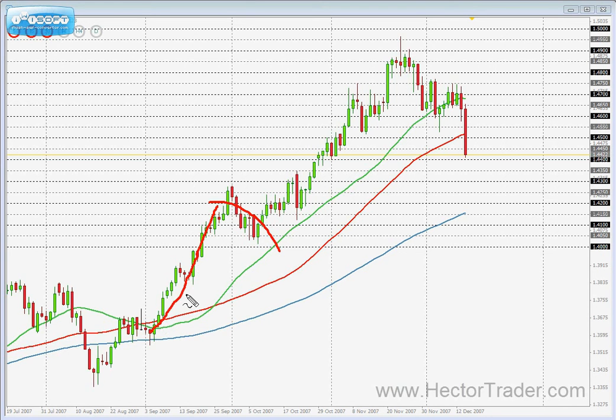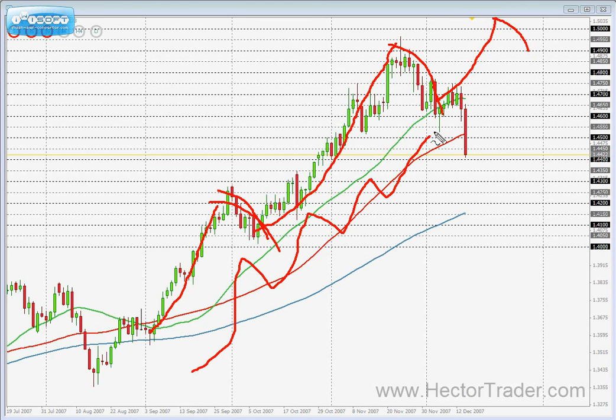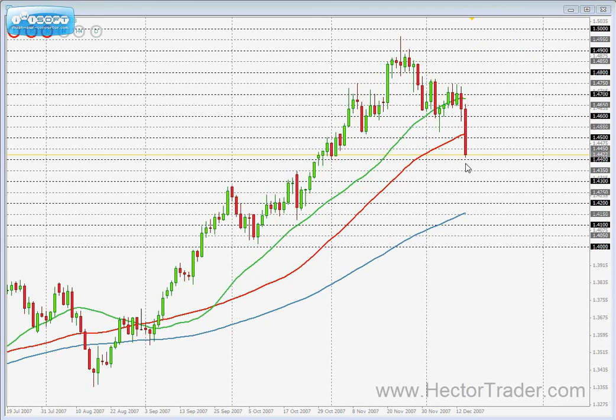One, the impulse wave in the direction of the main trend, and then the retracement, which more often than not, if the trend is strong, usually gives way to a whole new impulse in the direction of the moving averages, followed by yet another retracement wave, and so on. The stronger the trend is, the more impulse and retracement waves we will have, one upon the other. It all depends on how strong the trend actually is.